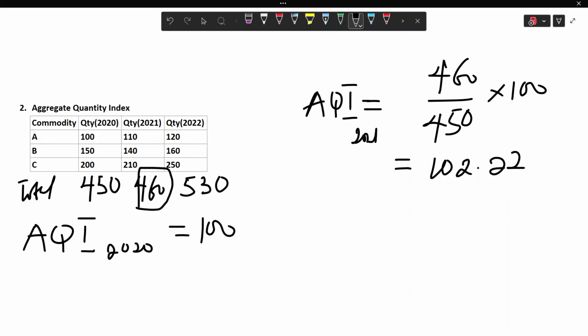How do we interpret this? Meaning that our production volume, our consumption volume went up or increased by 2.22%.